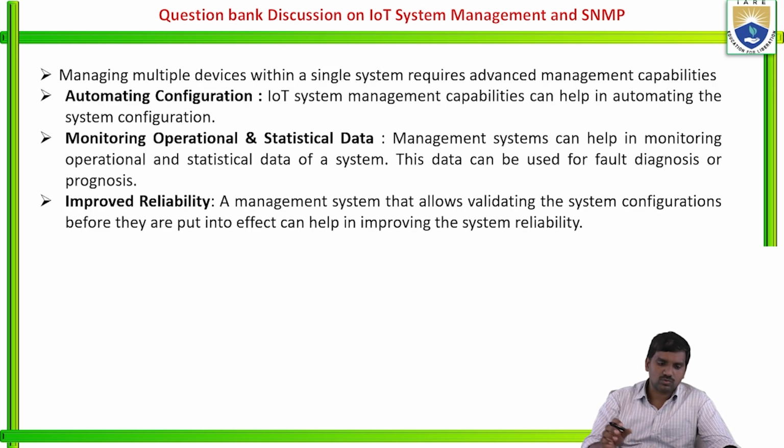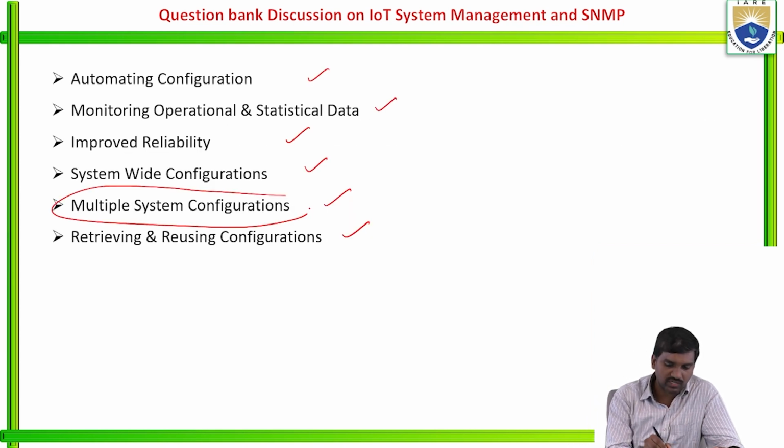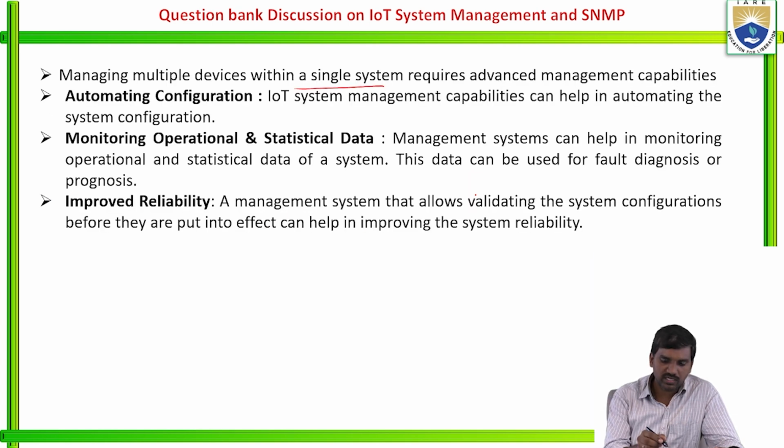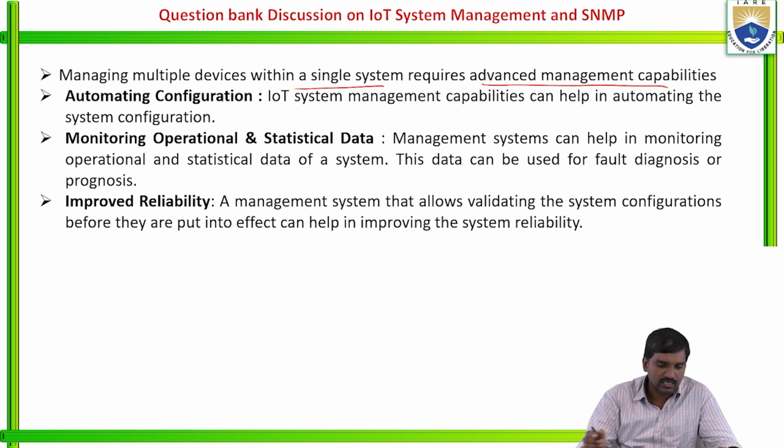So these are some questions. Managing multiple devices within a single system requires advanced management capability. We already know multiple system configuration, so to perform this task we use advanced management capabilities. What are the capabilities? Automating configuration, monitoring and operation, which we already discussed in the last slide.